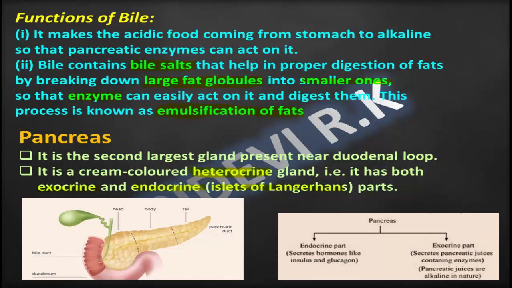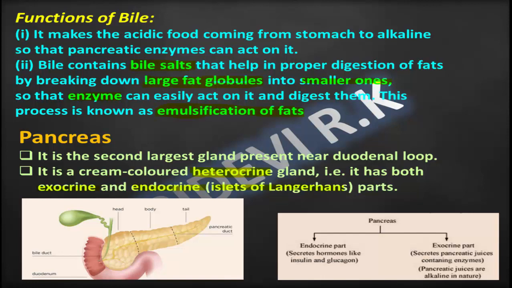Say, for example, hepatocytes are the cells of the liver, and they have the hepatic duct. Therefore, the liver is an exocrine gland because it contains a duct, and through the duct the juice is secreted.